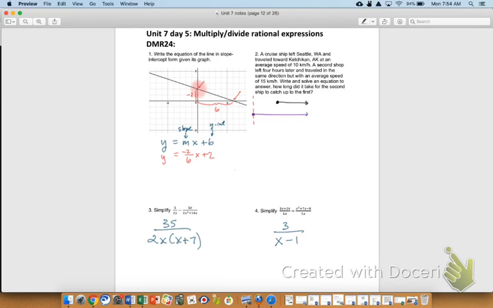Somewhere out there in the ocean, supposedly the purple ship is going to catch up to the black ship. Perhaps. That make sense? Okay, so I'm going to call this distance 1 for the first ship, and distance 2 for the second ship.